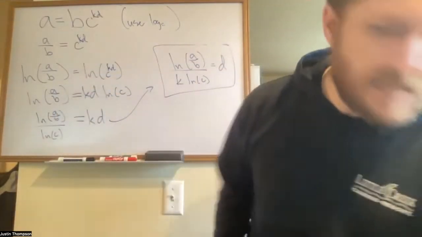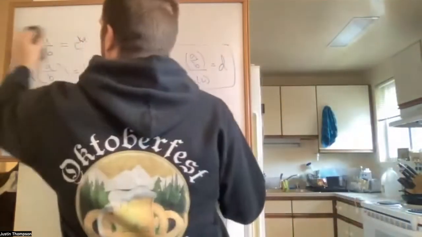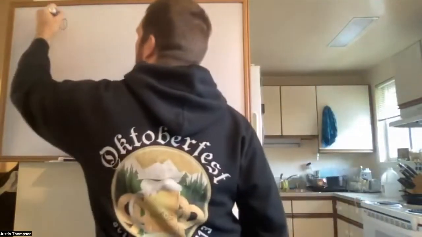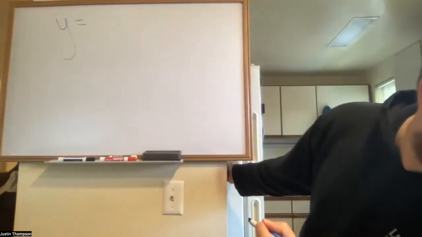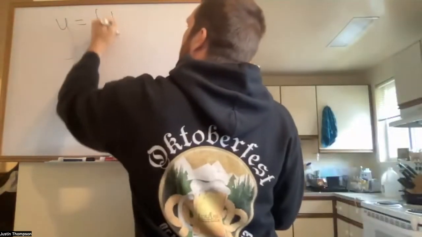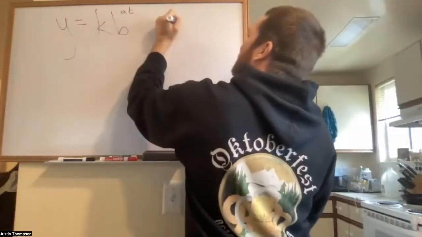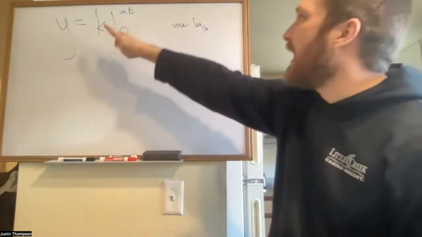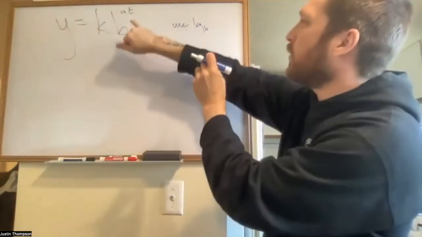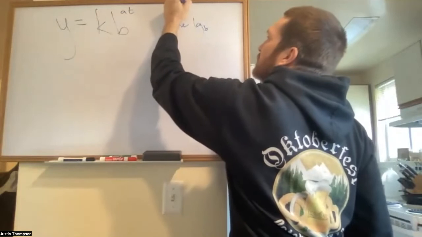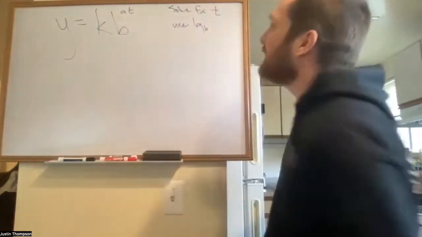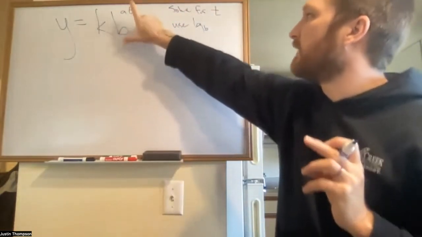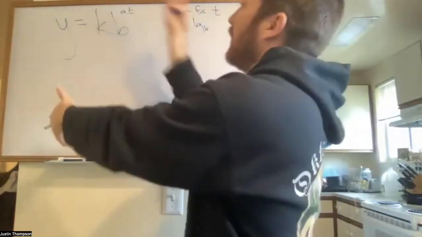So in the case of 47, I'll just make it explicit, but we're not going to go through the calculation. They're saying y equals k b to the at, and they say use log b. They're saying that because they know you're going to start peeling stuff away to get t by itself. Solve for t again. What happens to t? That and that and that. So I'm going to start peeling things off to get t by itself.